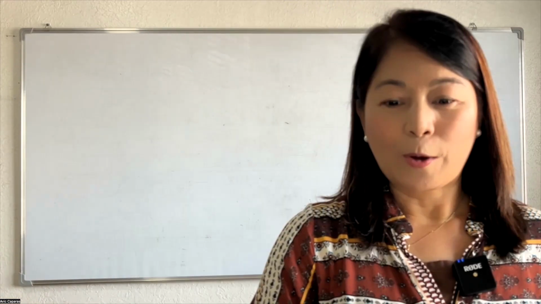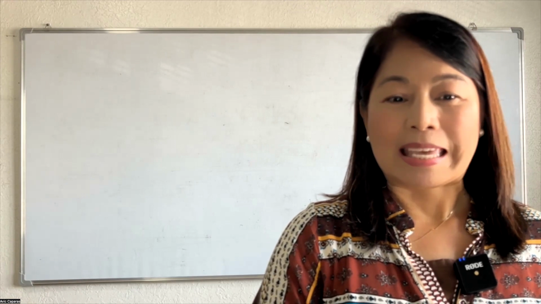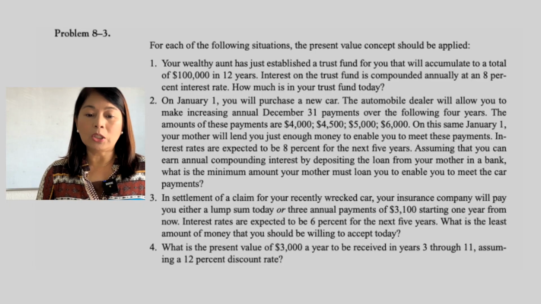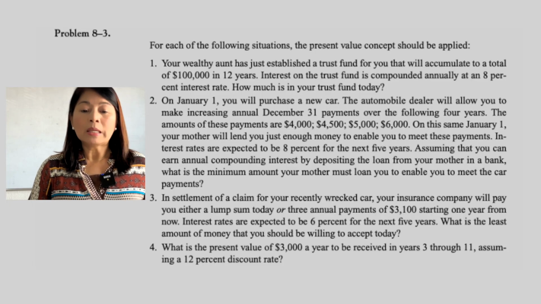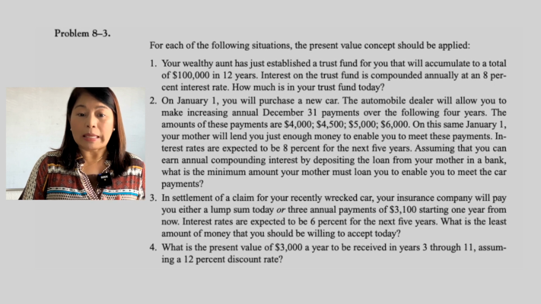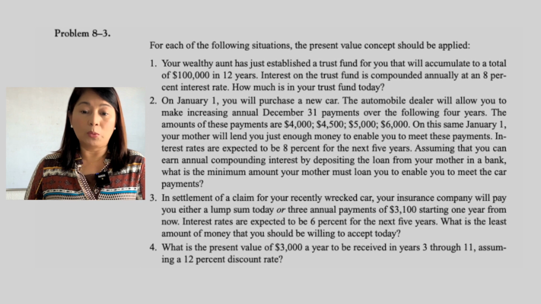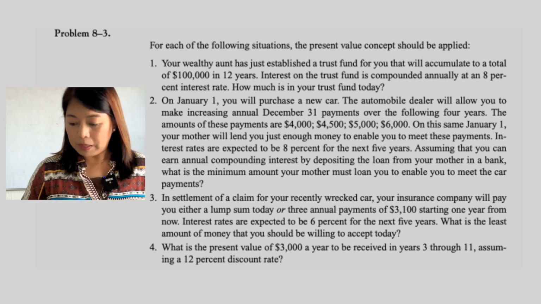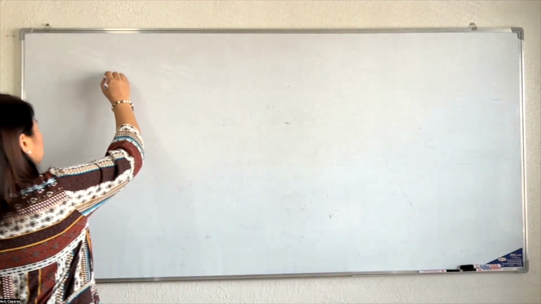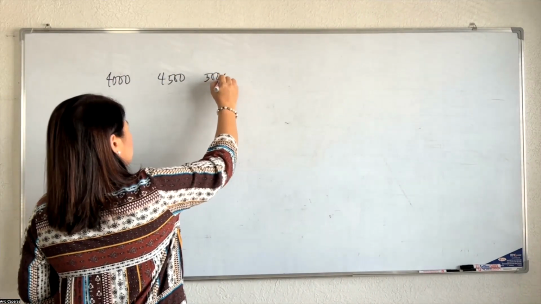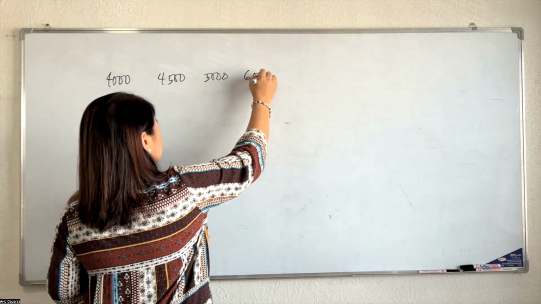Now let's go to 8-3, the second question. Again, we have to apply the present value. On January 1, you will purchase a new car. The automobile dealer will allow you to make increasing annual December 31 payments over the following years. The amounts of these payments are 4,000, sorry, 6,000.